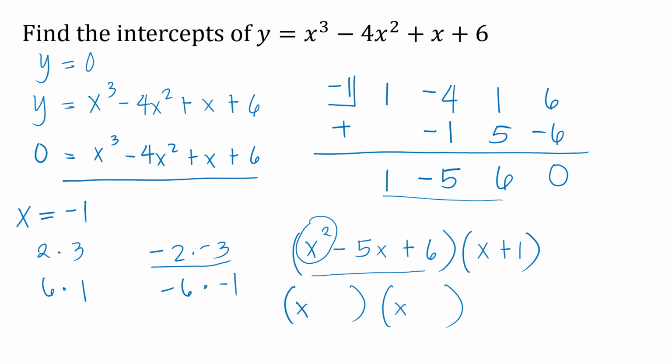Negative 2 plus negative 3 is equal to negative 5. So atin lang isusulat dito yung mga numbers. So x minus 2, x minus 3, then copy the given factor x plus 1. So sa makatuwid, ito na yung factor natin.